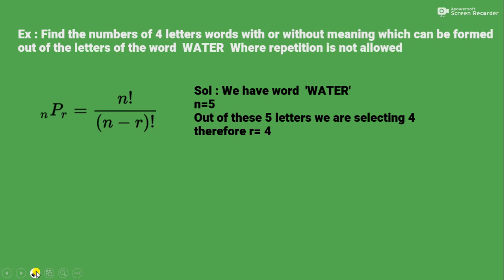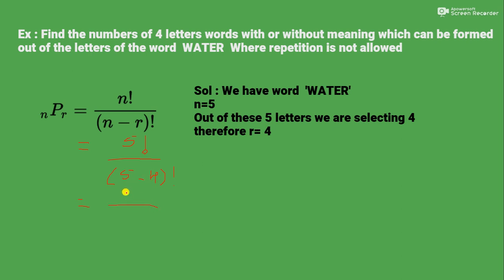So here n equals 5, so we have 5 factorial, divided by (n minus r) factorial. Here we need to put the value of n, 5, and r, 4. So that is 5 factorial over (5 minus 4) factorial.